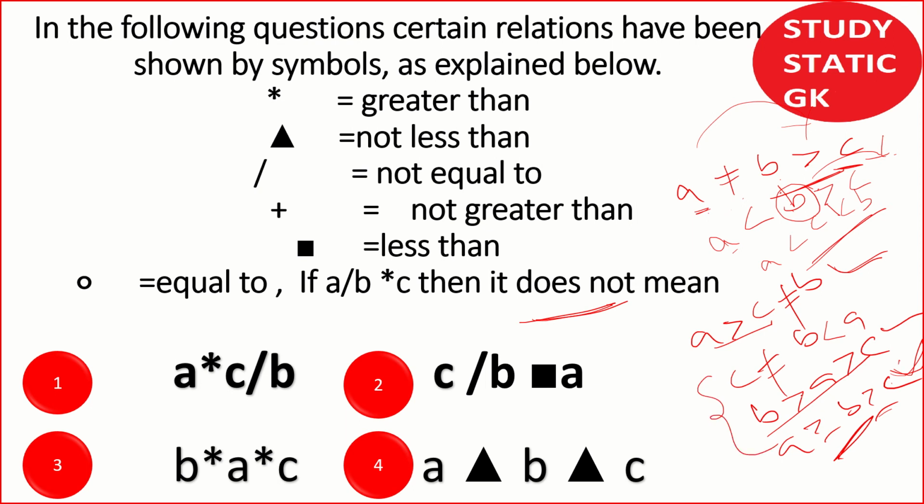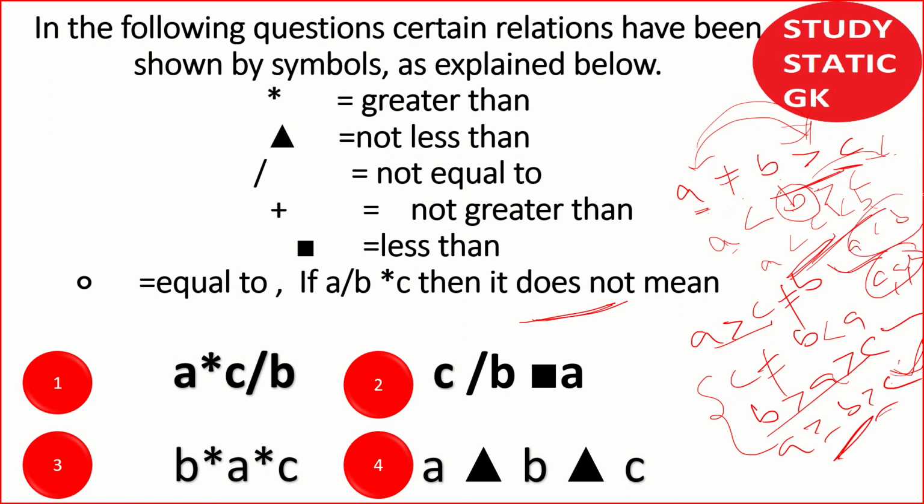Again here B is greater than A, greater than C. So B is the one which is higher than all of these. Here also B is the one which is higher than all, so there is no relation between A and C. So ACB or CAB is the ascending order.